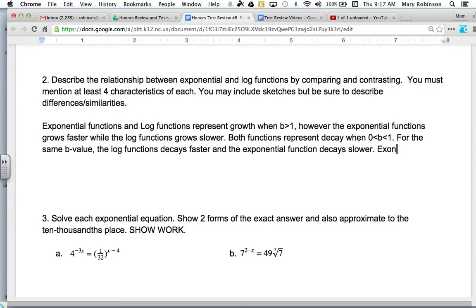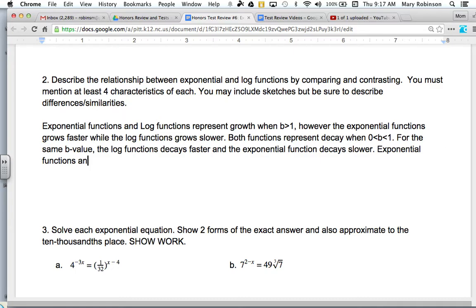So we could say that exponential functions have a horizontal asymptote at y equals 0.